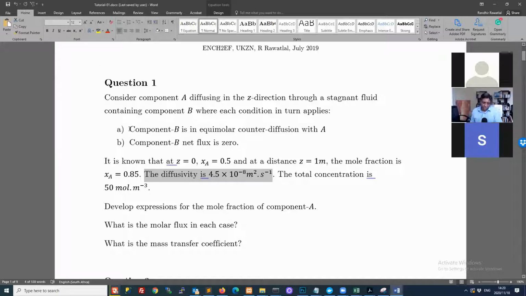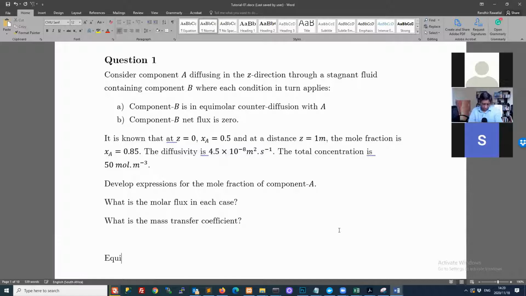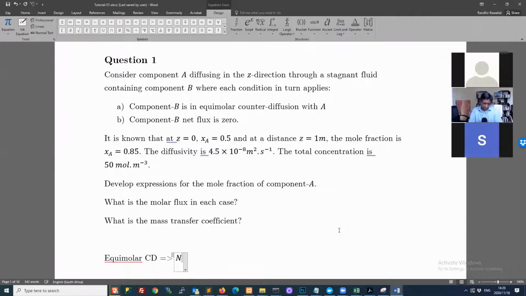So in this first case, it's equimolar counter diffusion. That implies to us that the molar flux of A is equal to the molar flux of B, but in the opposite direction. So we just use a minus sign to say it's in the opposite direction.